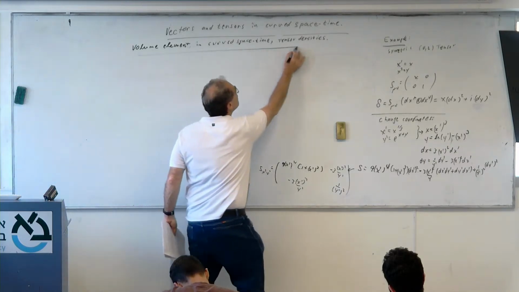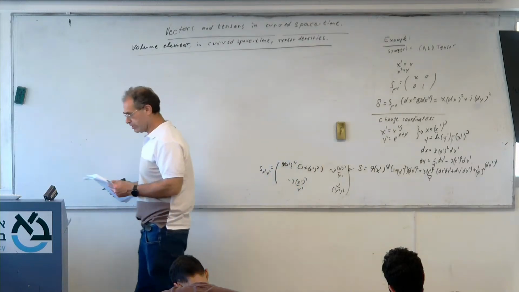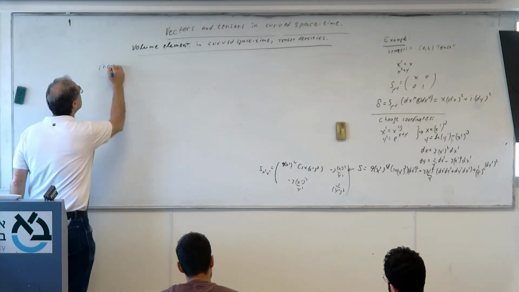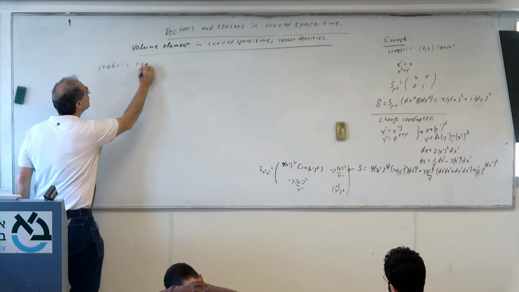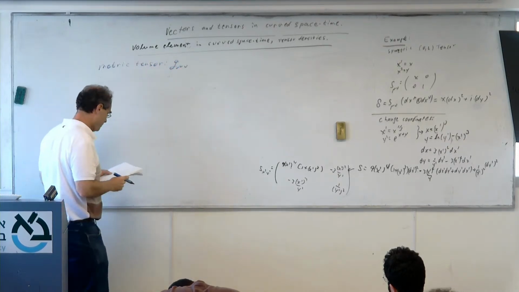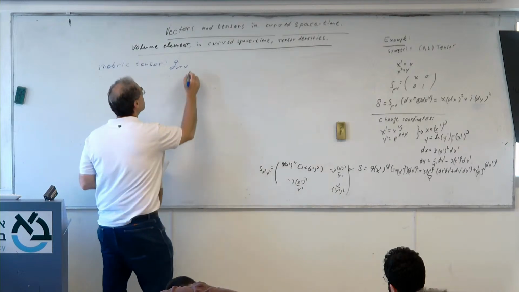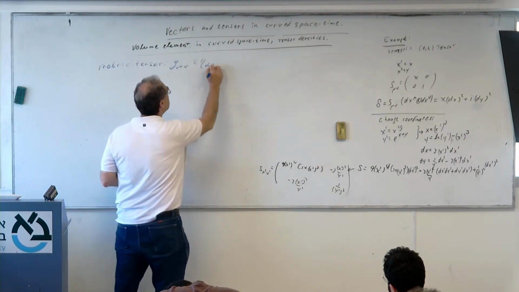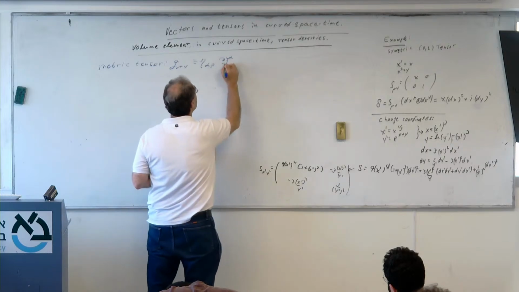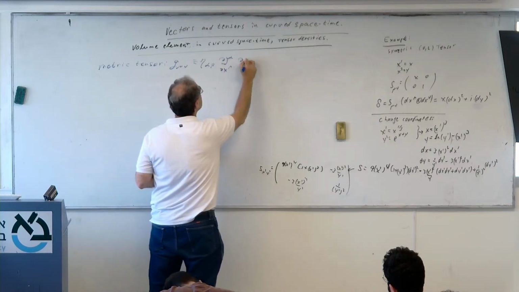First thing, which is quite important, so let's just do it. What about the metric tensor? The metric tensor is obviously a tensor. Remember, we define it as eta alpha beta, d psi alpha over dx mu, d psi beta over dx nu.